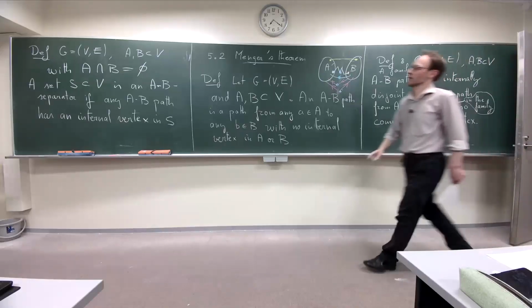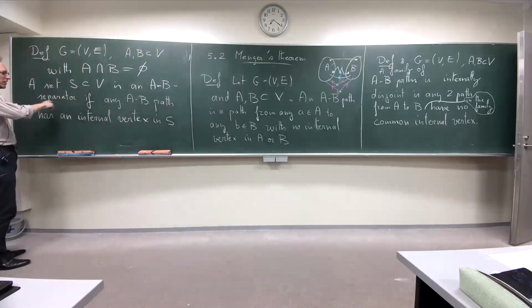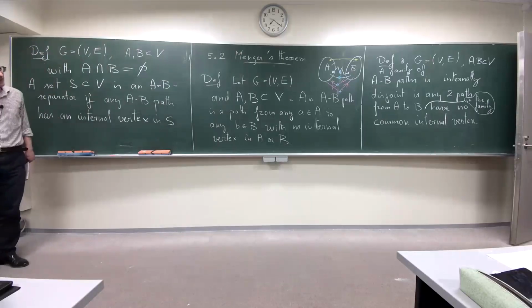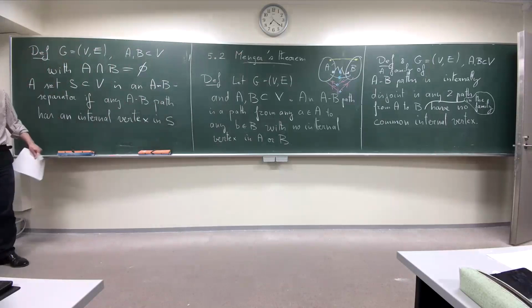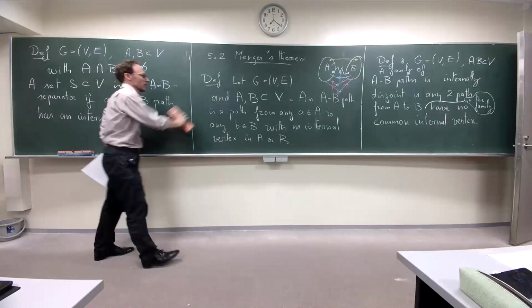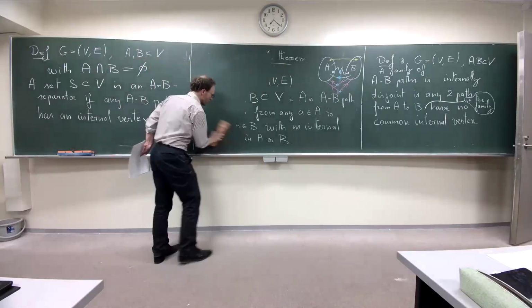This is the definition: a set S is an AB separator if any AB path has an internal vertex in S. You can see the yellow guy is the annoying one because it has no internal vertex. Still, the definition is fine, but in the theorem I'm going to state, I will remove the yellow one.